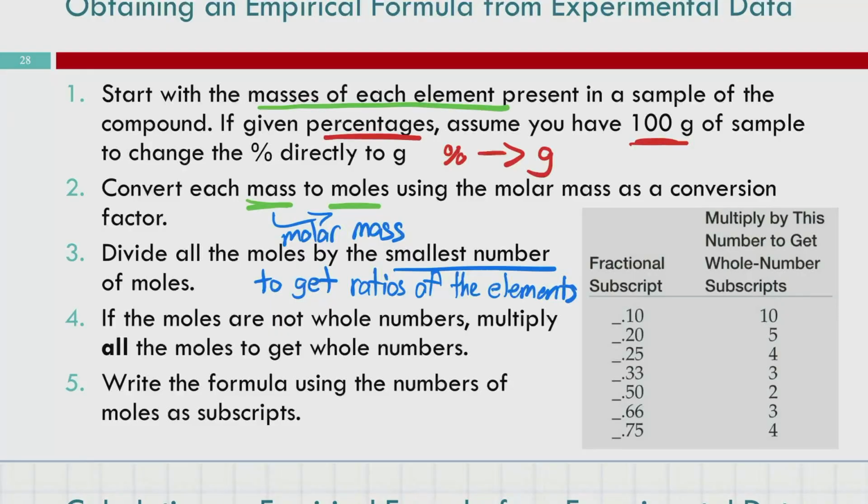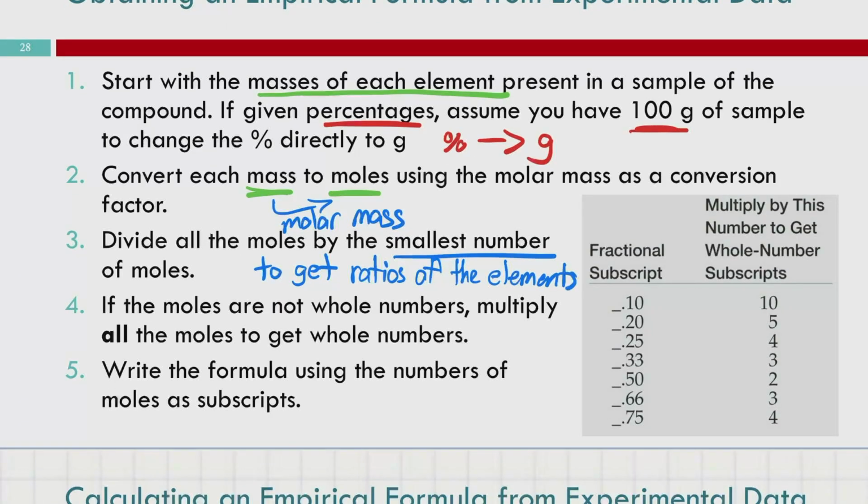So our smallest number for these ratios will be 1, and then we'll have other numbers that are bigger than that. If the mole ratios, rather, are not whole numbers, we can multiply all these mole ratios to try to get close to whole numbers.